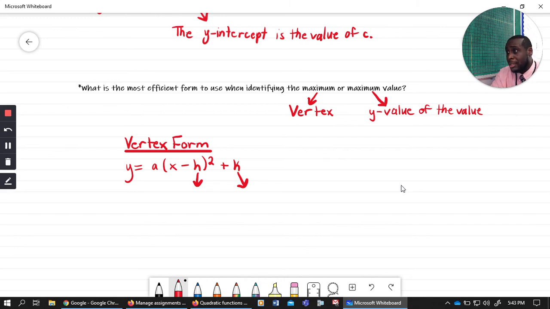We use the opposite sign of whatever you see in the equation to identify h, and you use the exact same value for whatever you see in the equation for k.